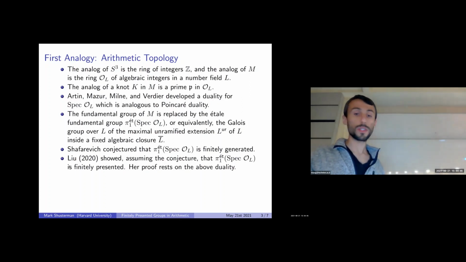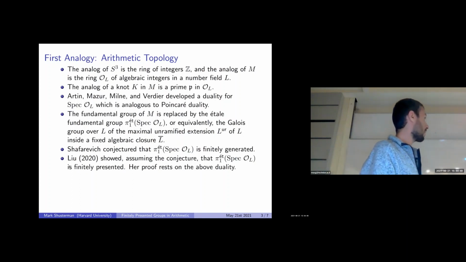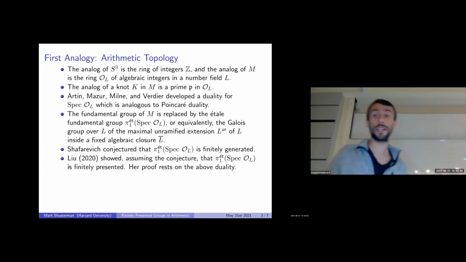And the proof is also closely related to the analogy because her proof builds heavily on the duality theory that I'm mentioning here, which is an analog, as I said, of Poincaré duality. So somehow, even the proof is in some sense modeled on what happens in three manifold theory.